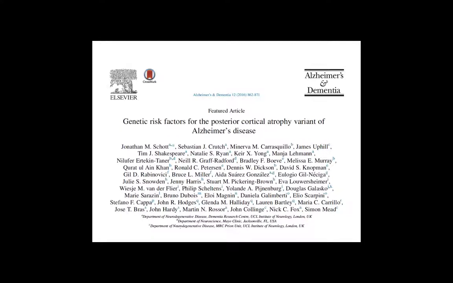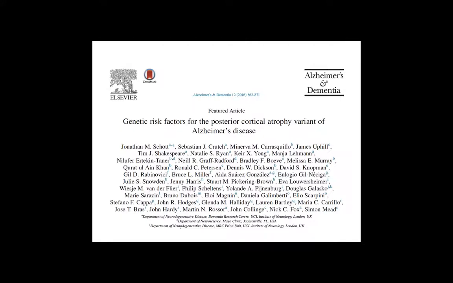And if such a person dies and comes to autopsy, they have plaques and tangles, but it's not in the typical Alzheimer's disease distribution. And it's thought of as an Alzheimer's disease subtype. So this is a group that was spurred on by the rare Alzheimer's subtypes professional interest association, the PIAs, in the AAIC, Alzheimer's Association International Conference, because branding is important, right?